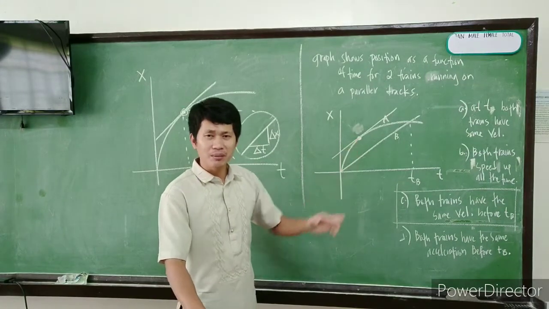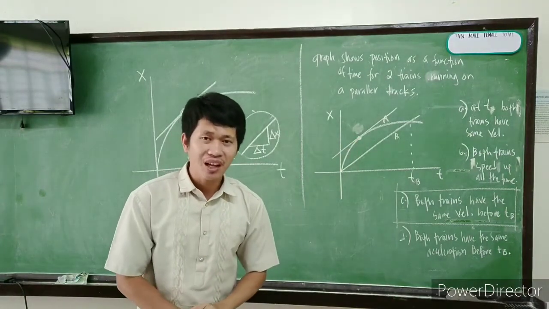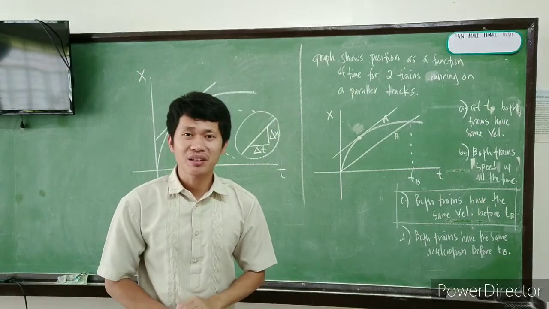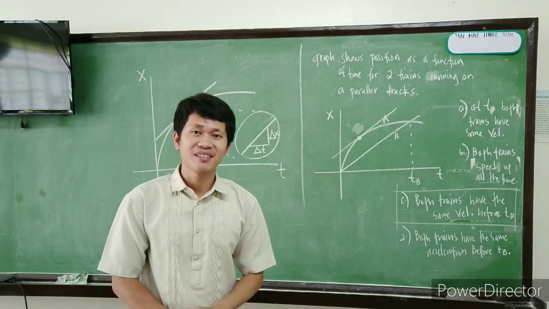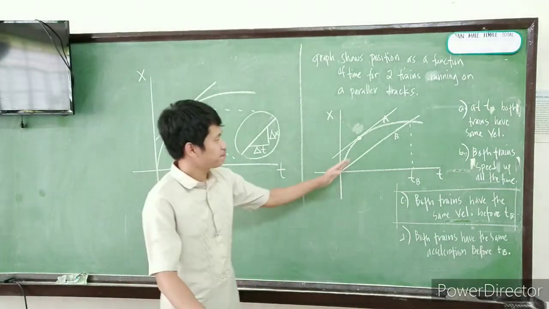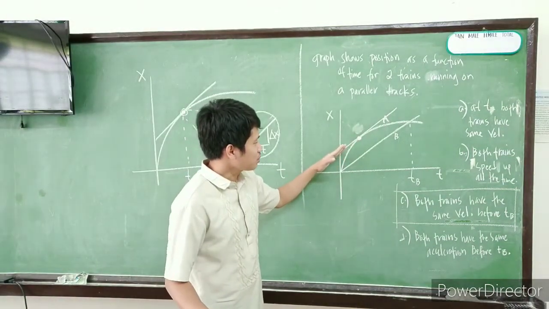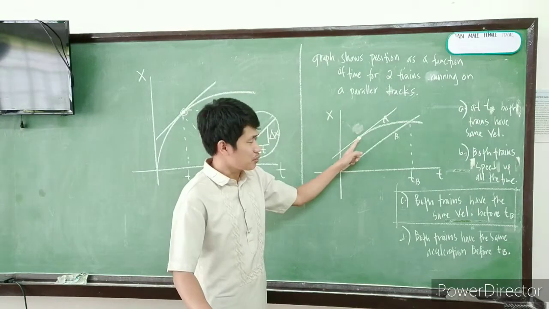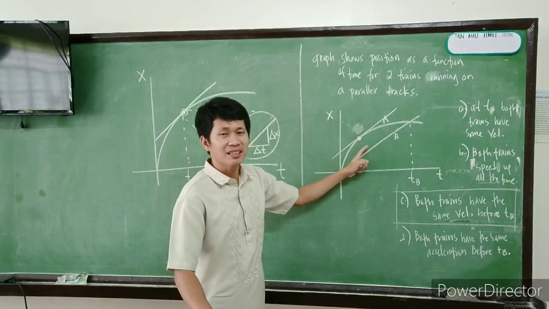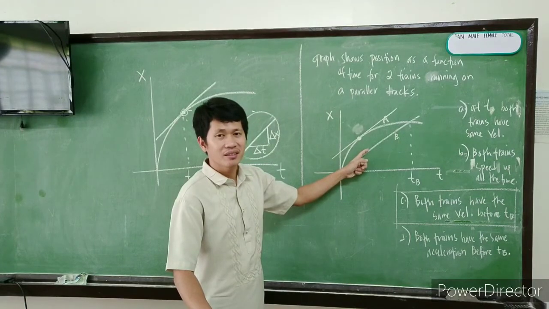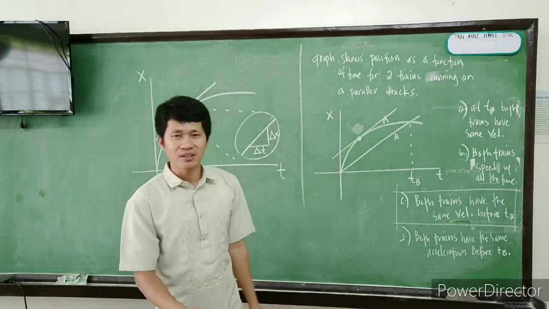Di ba in your mathematics before, ano ba yung slope ng curve? Di ba ang slope ng curve is a tangent line that goes along the curve. Okay? So ito yun. Tangent line that goes along the curve at this particular point in time, yung velocity niya ay same nitong velocity ng train B. Okay, so sana na-guess yun.